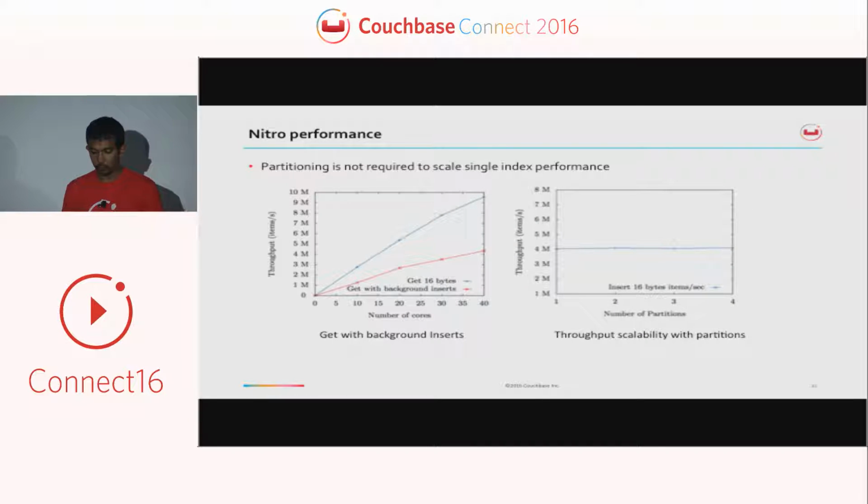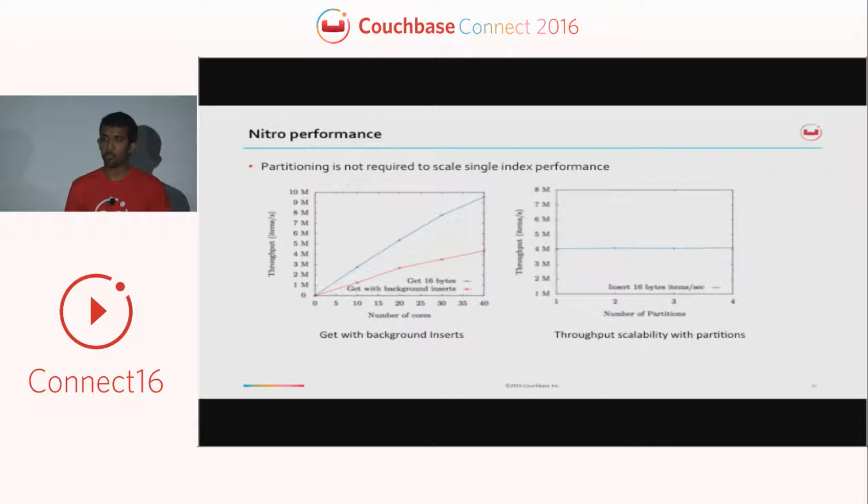Then if you look at partitioning to scale throughput, the idea is that if your data store is not scaling well with multiple cores, you create multiple instances of the data store so that you can get a total aggregate throughput.